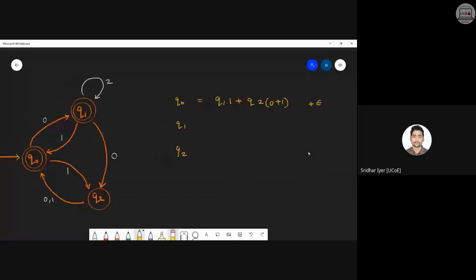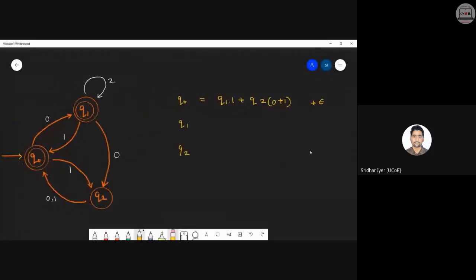What about the next state? It is Q1 we are talking about, and Q1 is having inputs from Q0 as well as from Q1 self loop. So it is basically Q0.0 + Q1.2.